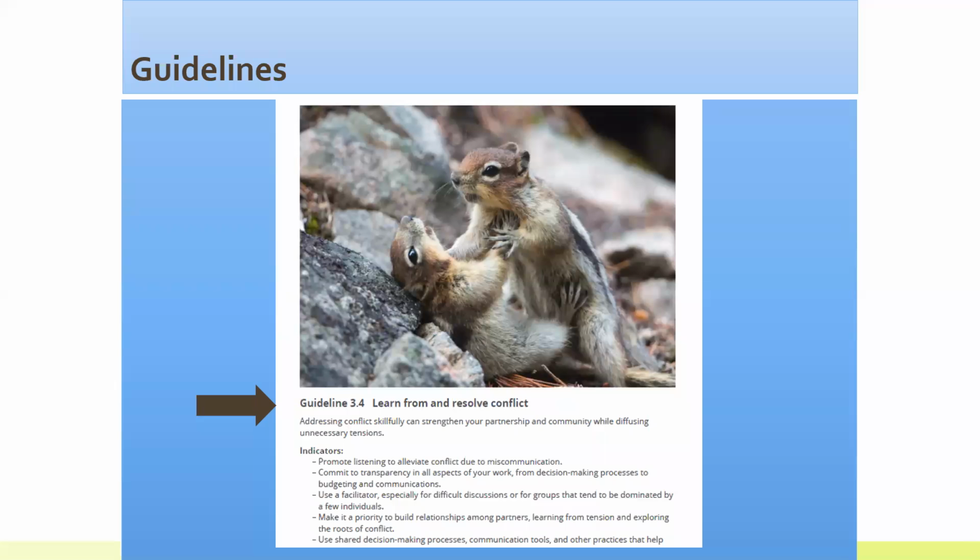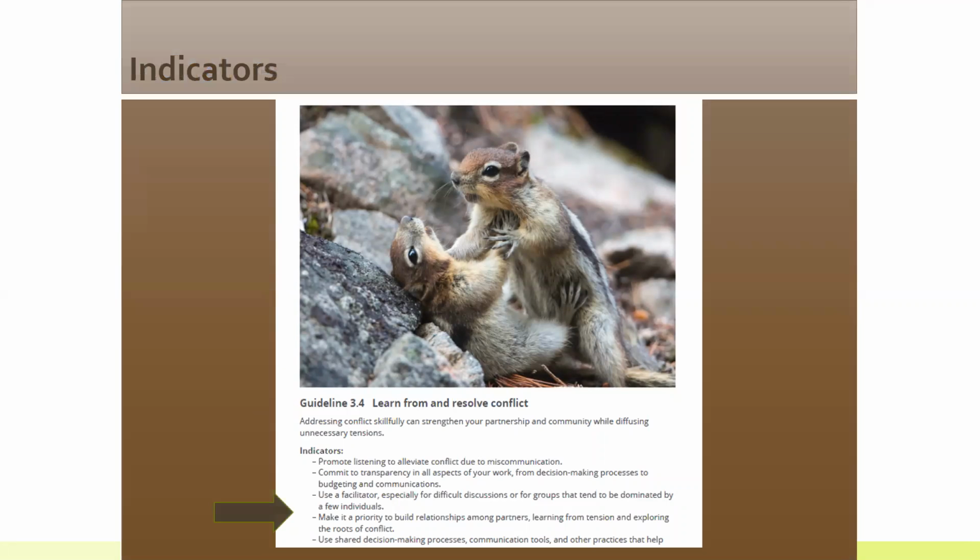So these 5 characteristics are really like the framework of this guide. And then under each characteristic are 3 to 5 guidelines. So this is an example of one of the guidelines that embody each characteristic. And then you also notice, one of the guidelines you see is learn from and resolve conflict.